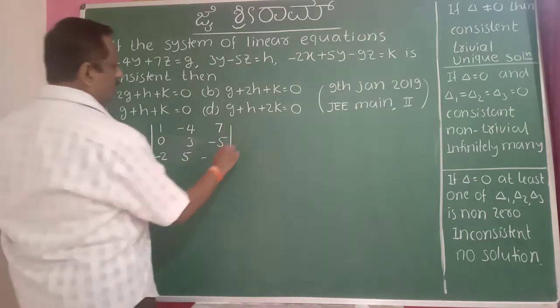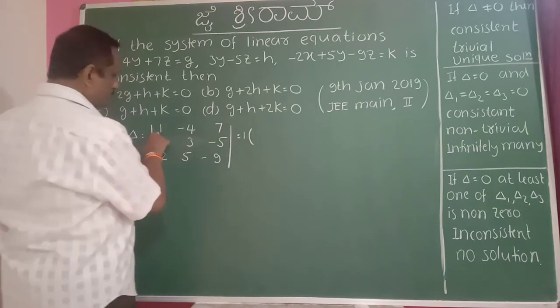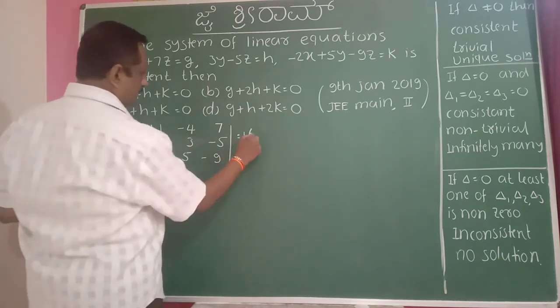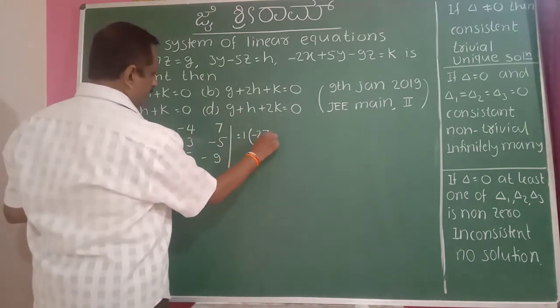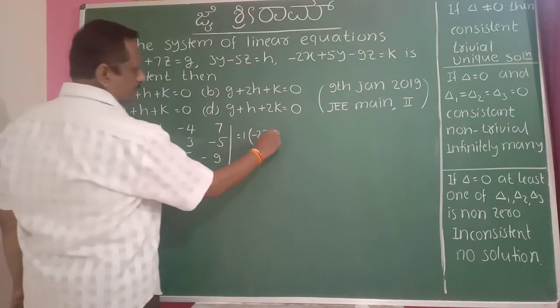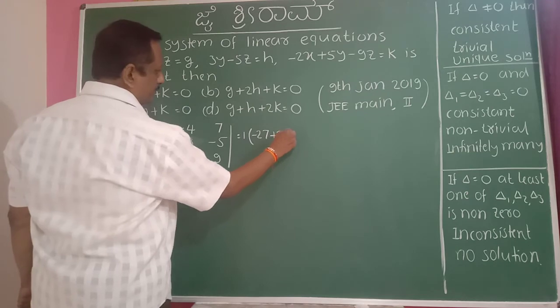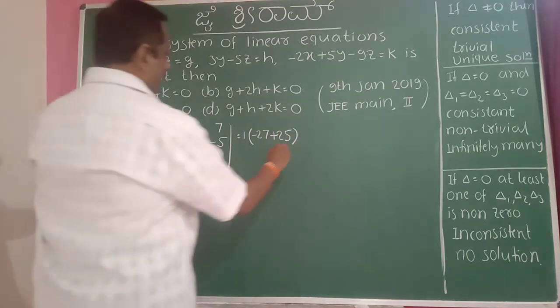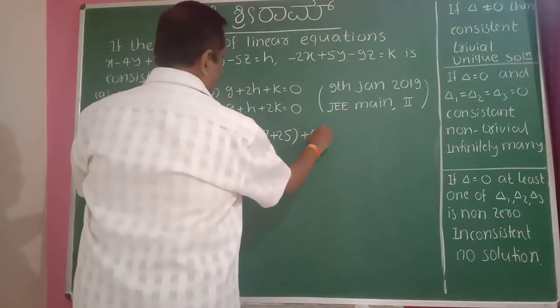So expand it. 1 into 9 threes is 27, minus 27, minus of 5 fives is 25, minus minus 25 becomes plus 25.